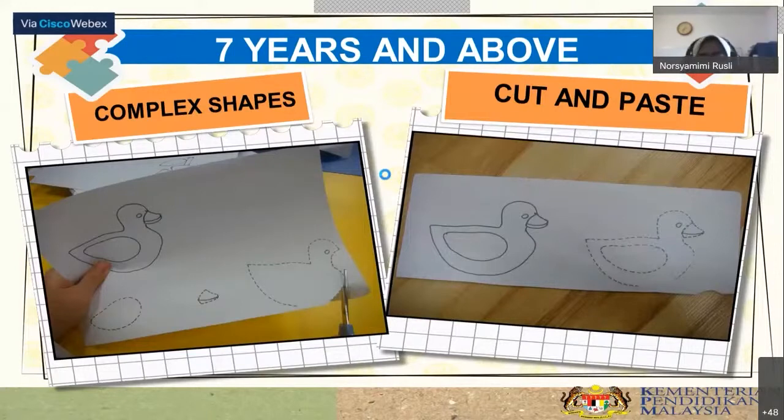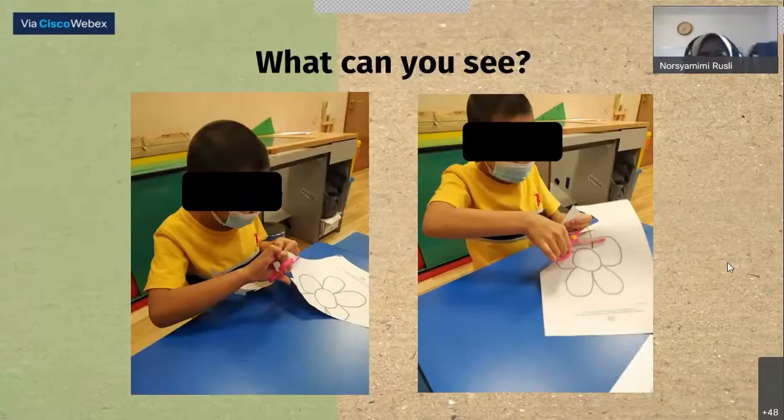Okay, so this is an example of one of my clients. From this picture only, what can you see about this child?